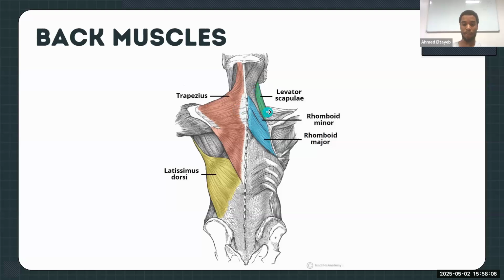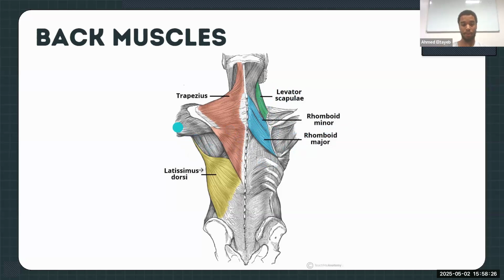We have the levator scapula, as the name implies, it elevates the scapula, rhomboid minor and major. So rhomboid minor sits above rhomboid major, because minor typically sits above major, and rhomboid major is fatter than rhomboid minor, and rhomboid minor and major have the same action, which is to adduct the scapula.